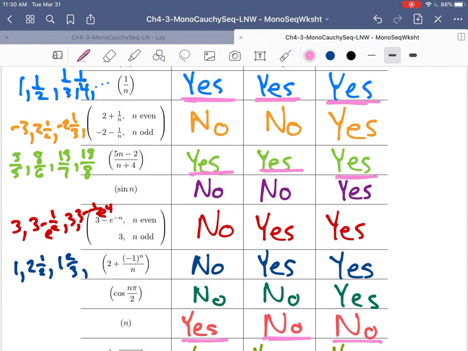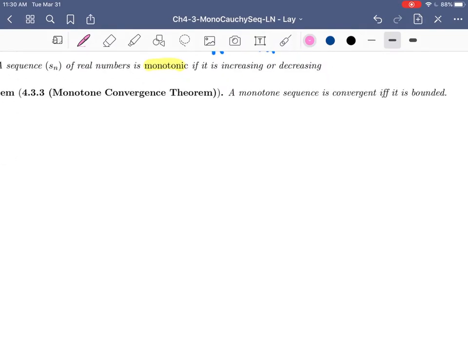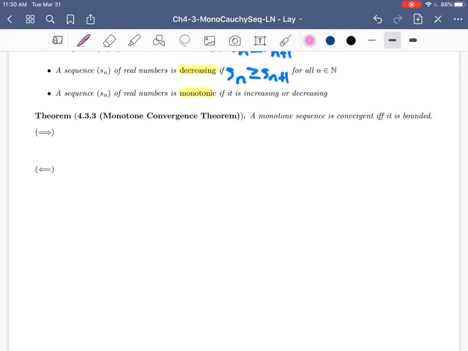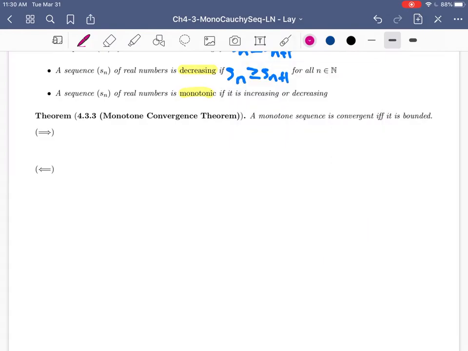Turns out that that is true. So we have this monotone convergence theorem. It says a monotone sequence is convergent if and only if it is bounded. So if we have a sequence that we know to be monotone, it turns out that its convergence and its boundedness are going to have kind of the same answer.